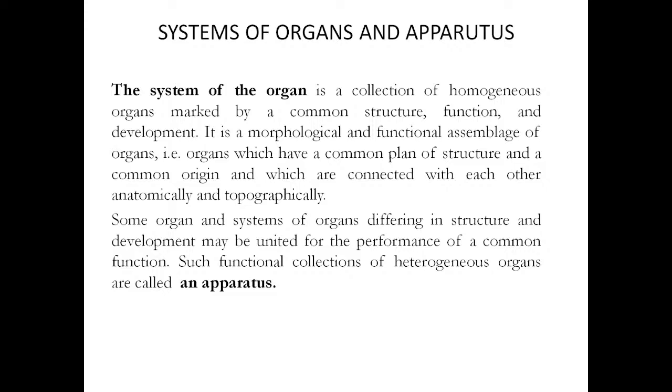Some organs and systems of organs differing in structure and development may be united for the performance of a common function. Such a functional collection of heterogeneous organs is called an apparatus. This is a system and apparatus of the organ.